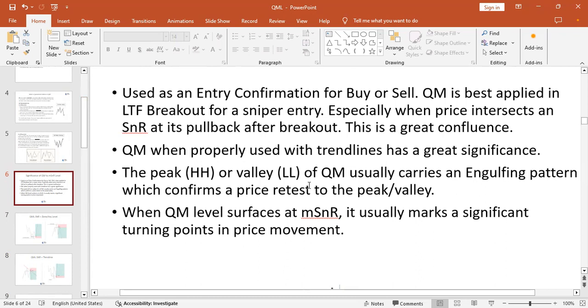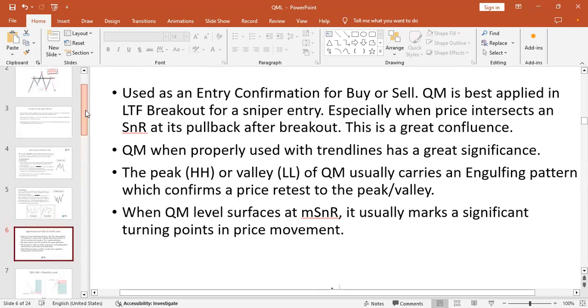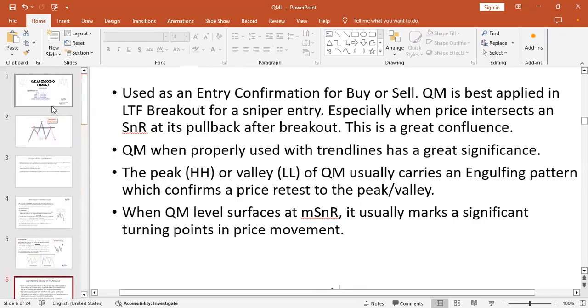In conjunction with trend lines, if you go to my manual, I do a lot of trade examples in that manual. QML is best applied in a lower time frame breakout for a sleeper entry, which I've shown to you, especially when price intersects. So that's the significance.